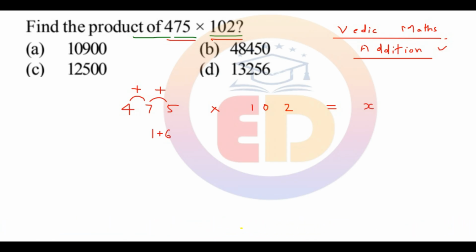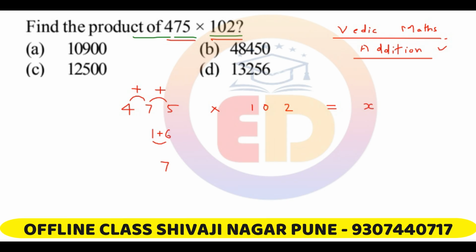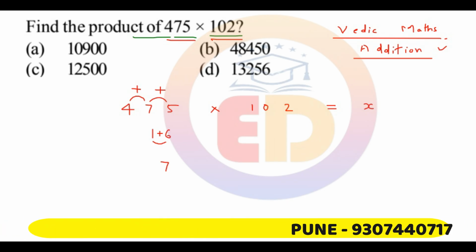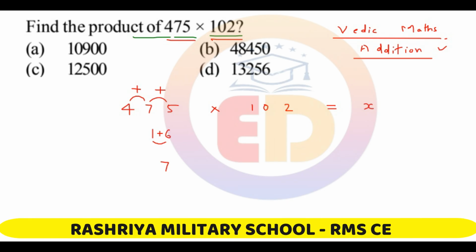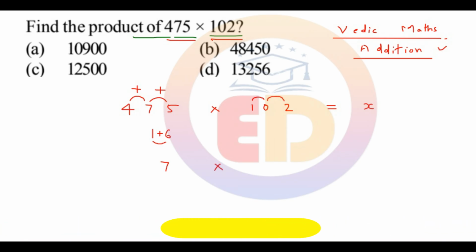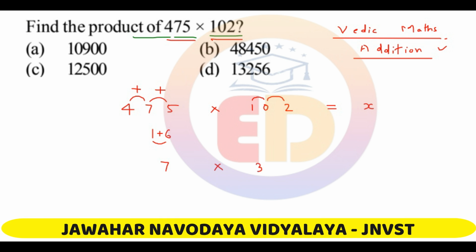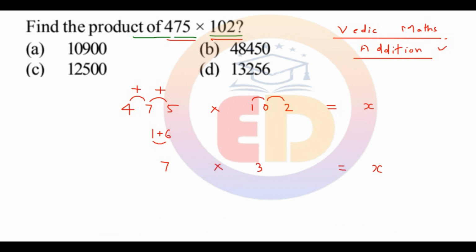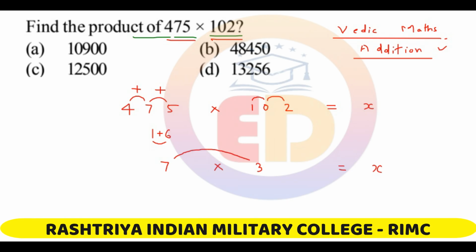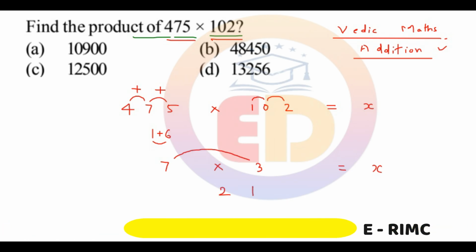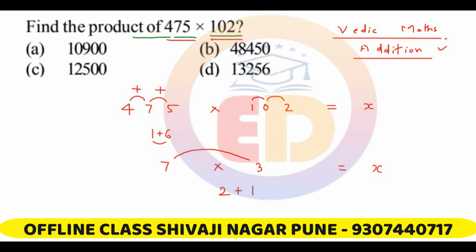Add them. 1 plus 6 is 7. So the addition value of 475 is 7. Multiplied by 1 plus 0 is 1, 1 plus 2 is 3. So this is 3. Multiply 7 into 3. 7 into 3 is 21. Add the digits of 21. It's 2 plus 1, 3.